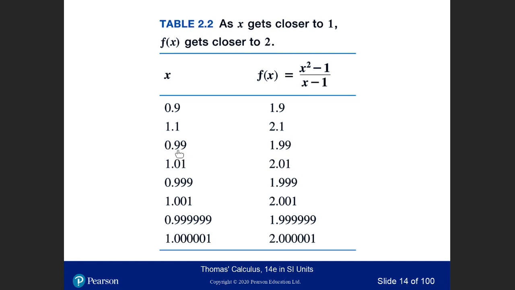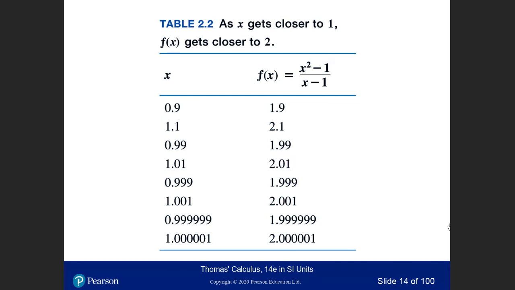Here I'm 0.01 away from 1, and here I'm 0.01 away from 1. Now these two numbers are closer, 1.99, 2.01. And as I approach more to 1 from both sides, the numbers get closer and closer.